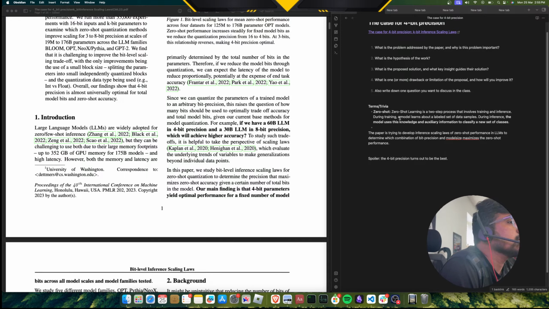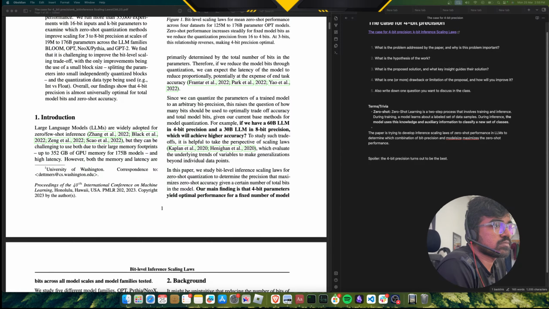During training, a model learns about a labeled set of data samples. During inference, the model uses auxiliary information to classify a new set of classes. So what does one shot mean? One shot learning is an object categorization problem in computer vision.